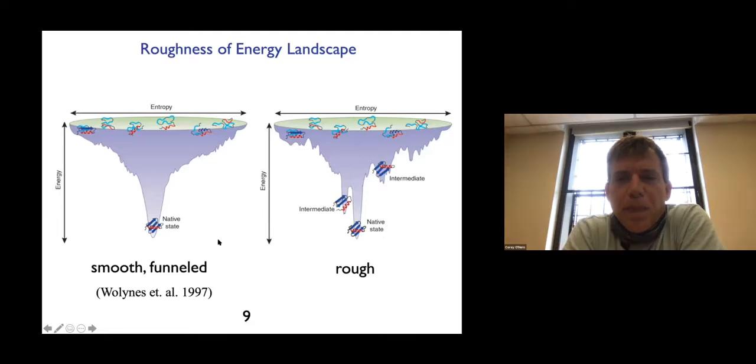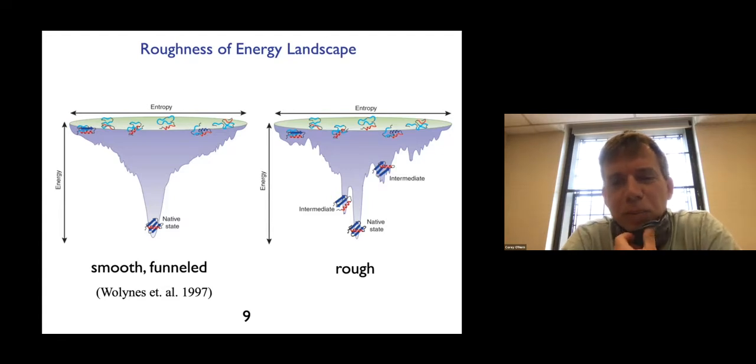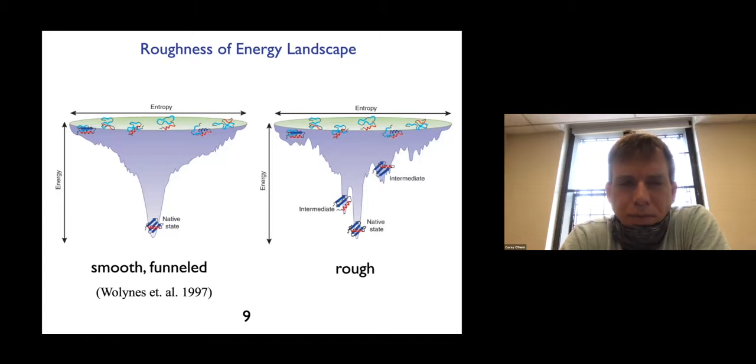And so in various model systems, especially in computation, and to some extent in experiments, what people have done is try to map out the energy landscape for protein systems.